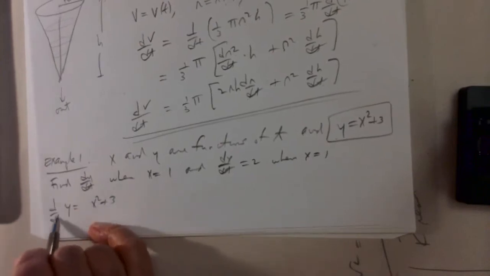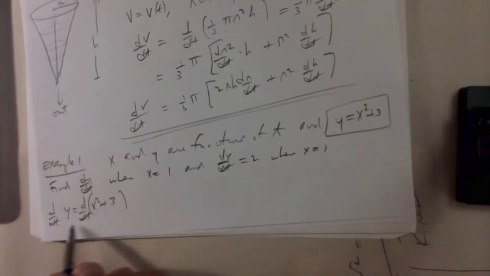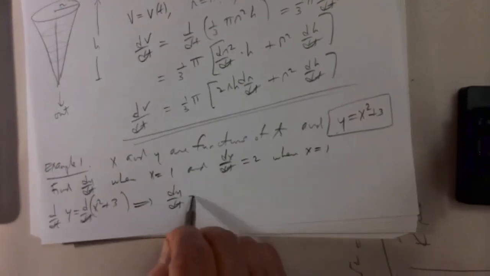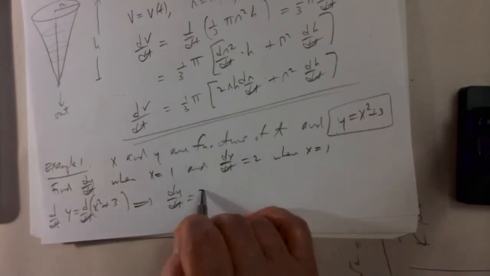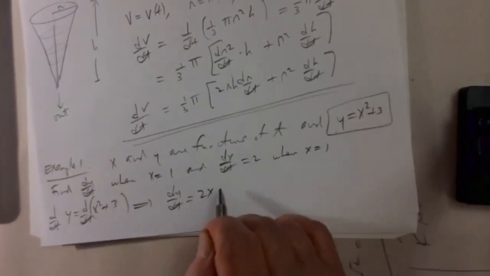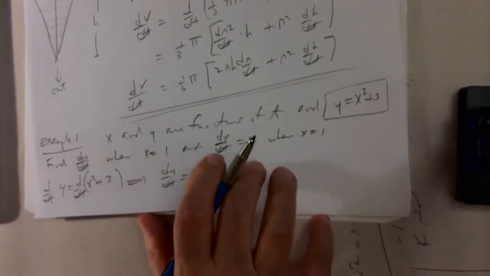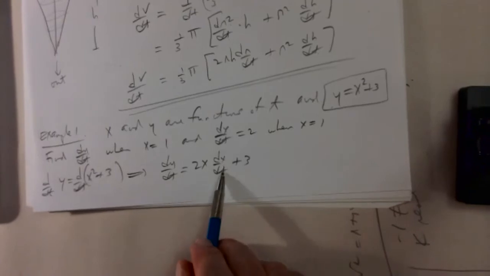If you differentiate with respect to time, with respect to t, you get this. That says dy dt, the derivative of x squared with respect to t by the chain rule, is 2x dx dt plus 3. So this relates dy dt and dx dt.